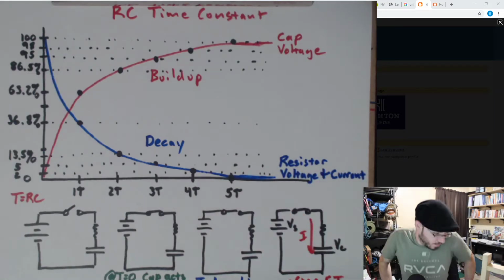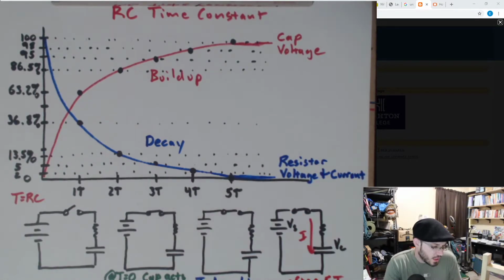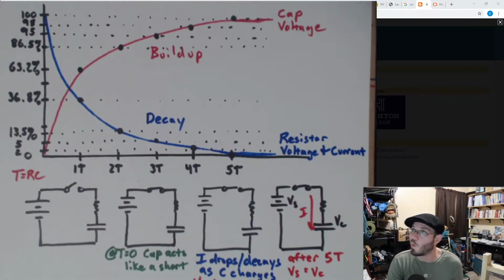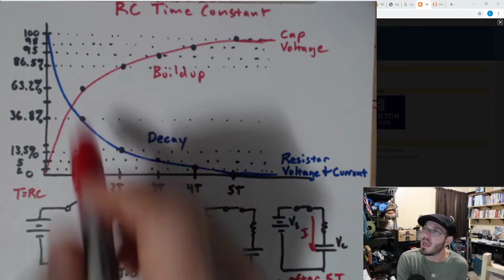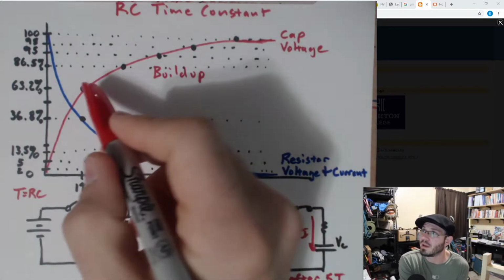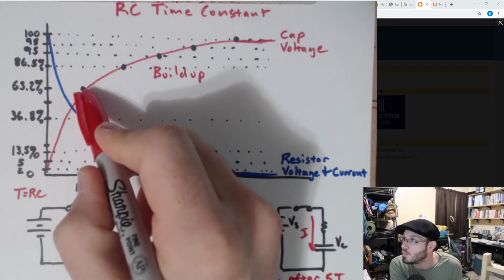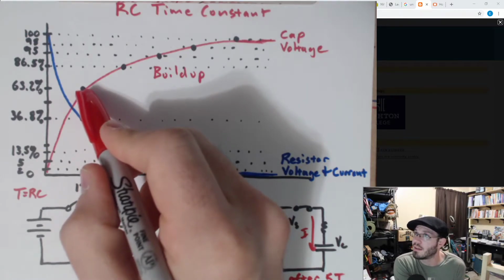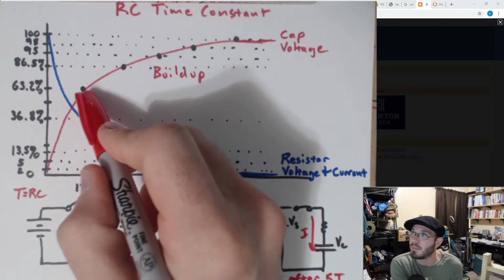Okay, so now the universal time constant chart, I think, is a great way to visualize this early on. These percentages stay fixed. At our first time constant, we get 63.2% of whatever our applied voltage is developed on the cap.